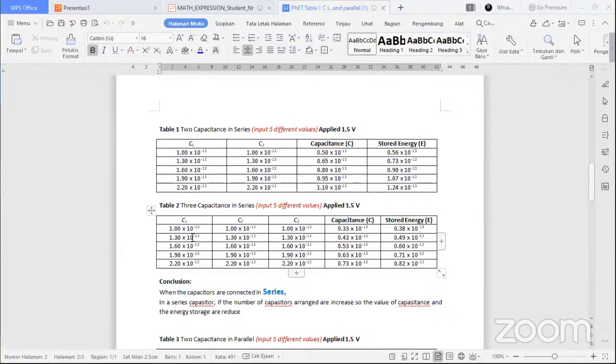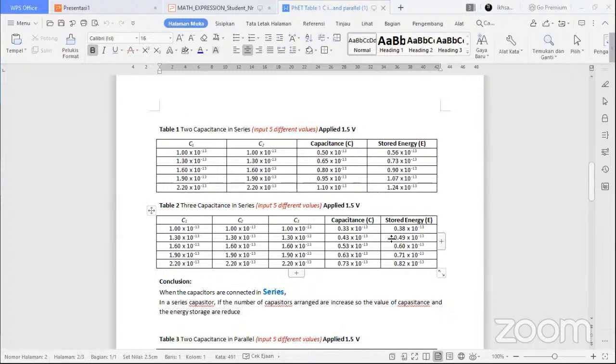And the last, 2.2 times 10 to the power minus 13, the capacitance is 0.73 times 10 to the power minus 13.